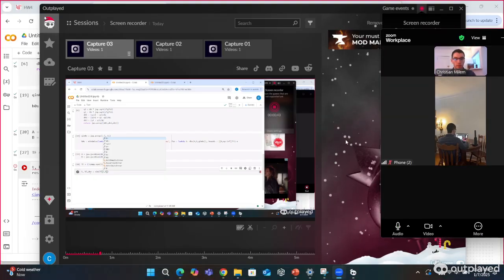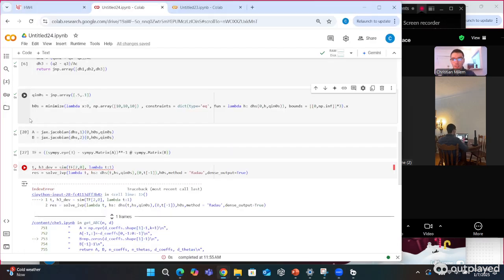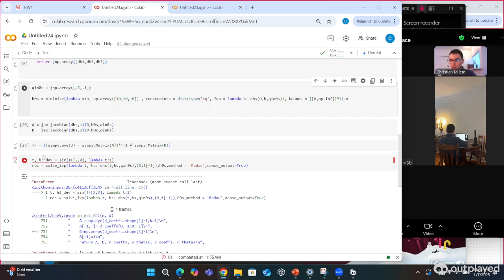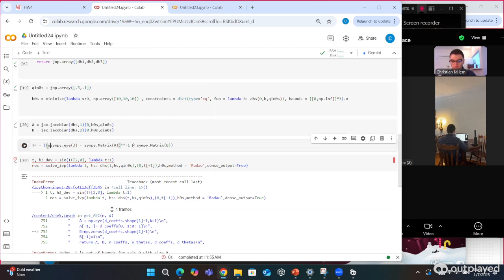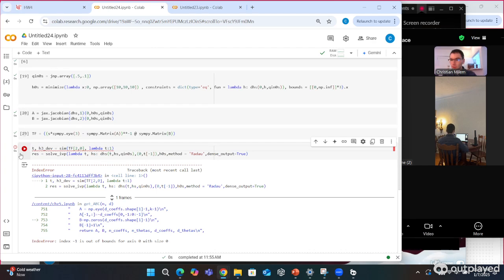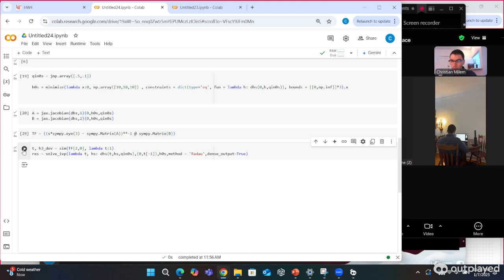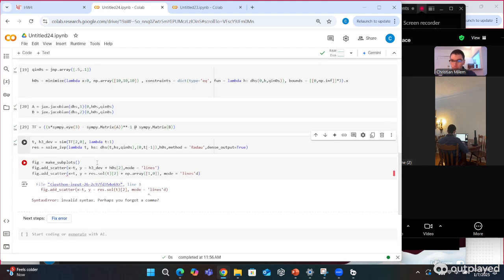All right, found where the mistake was. We forgot, this just slipped me, we need our s variable, which is very important for our transfer function. So now that should work properly.